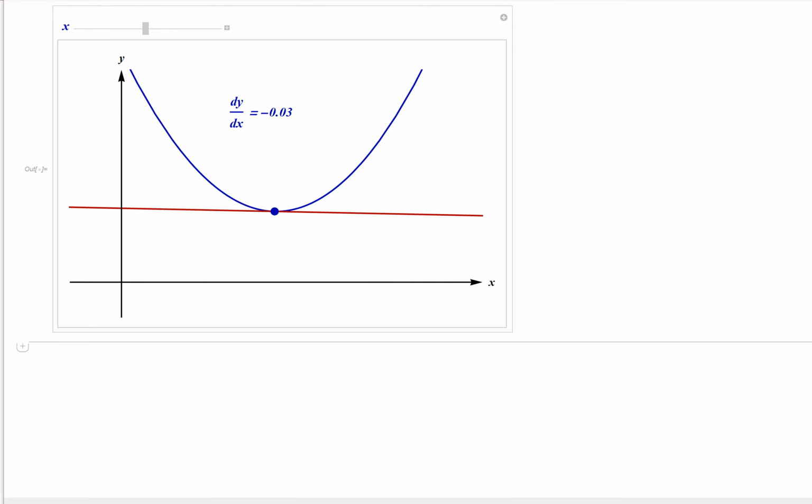Eventually, we're going to get to a place where the slope is actually zero, and after that, we have positive slope. In fact, the slopes get bigger and bigger and bigger. What this diagram is supposed to be showing us is that for this curve, as I move from left to right, the slopes are actually increasing in value.